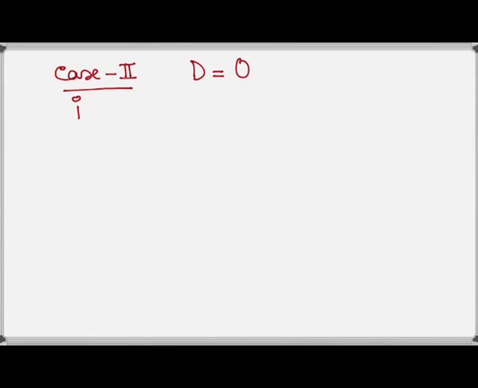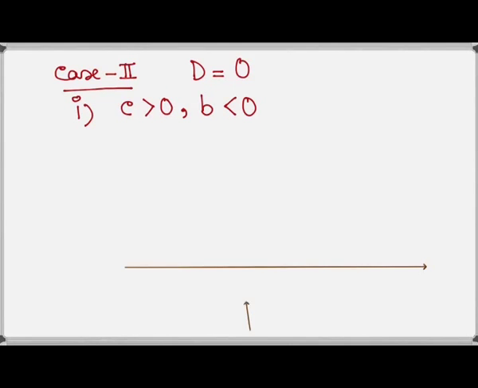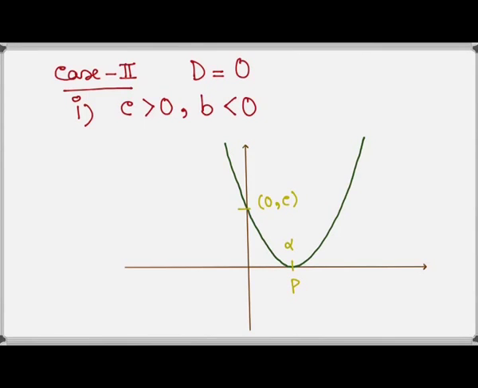Here we take our first subcase to be c is strictly bigger than 0 and b is strictly less than 0. So here is the x-axis, here is the y-axis, and the parabola is like this. So this is the y-intercept 0, c, this is the vertex P, and alpha and beta are here.